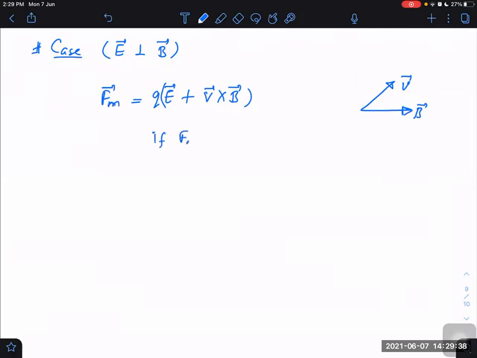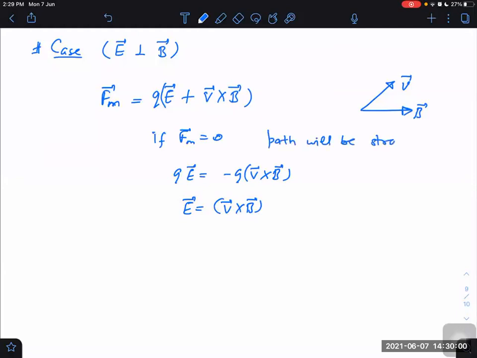If the net force is 0, then QE has to be equal to minus QV cross B, or E has to be equal to minus V cross B. In that particular case, the path will be a straight line only if E is equal to minus of V cross B.